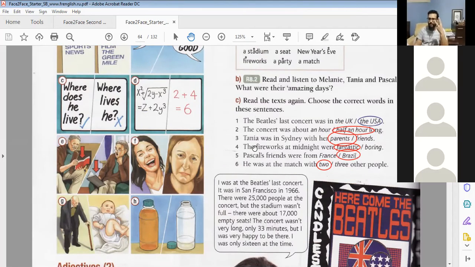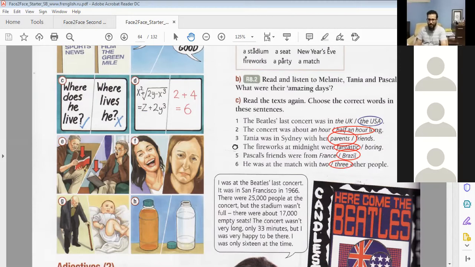So 2 or 3? 3. Yes. So Basman is right. Pascal was with 3 people. Okay, so these are the correct answers for these people's 3 special days.